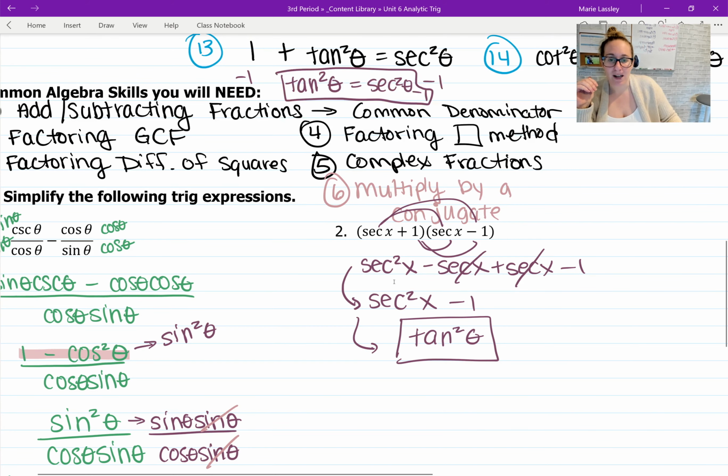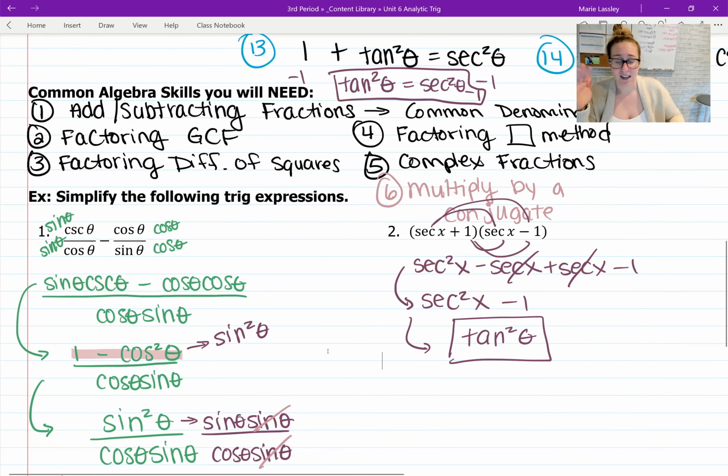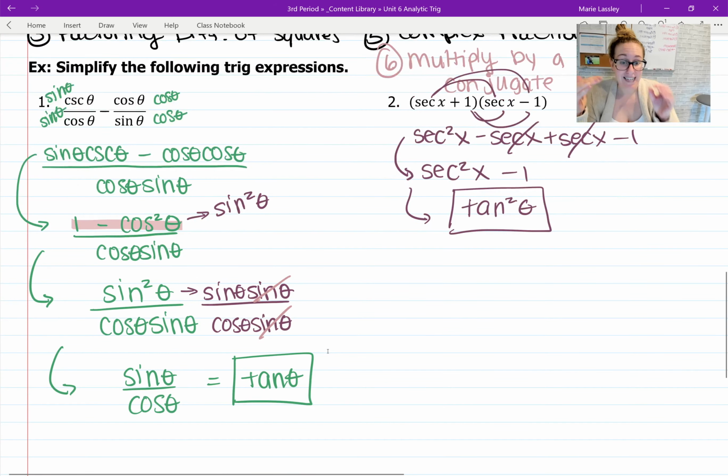Same thing as number 1. Number 1 has cosecants, cosines, sines, like it's got 3 different trig functions. Imagine if we had that equal to something. That's a lot. Instead, by simplifying, we got it down to just tangent of theta. And if we had it equal to some number on the other side, that's a doable problem. Then we just need to do inverse tangent of whatever the number is on the other side.